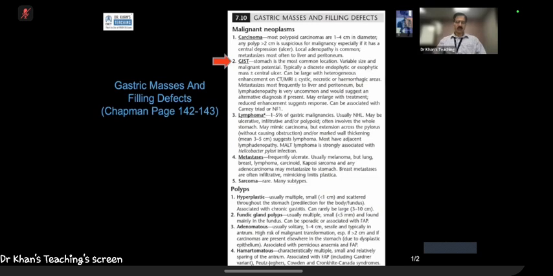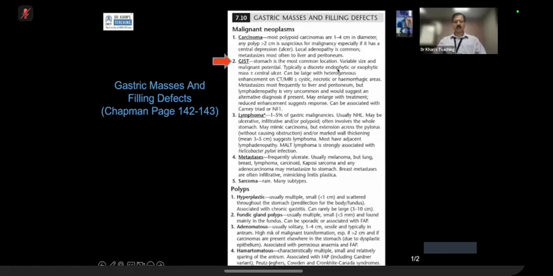In the exam, it is a very common thing that the examiner will tell you that the patient had a procedure or a surgery, and you have to then make 2 plus 2 of what's happening. And now, as far as gastric masses or filling defects, GIST is one of them. Please remember that it can be endophytic or exophytic.